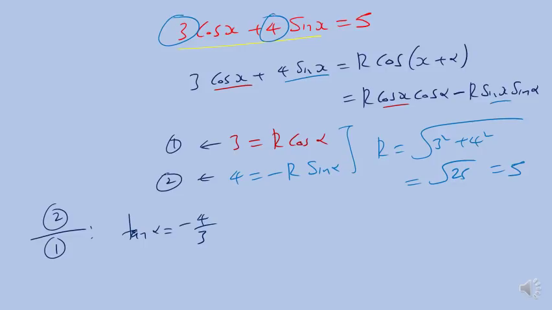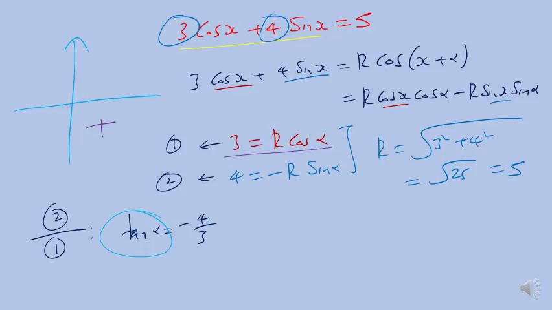Aha! But think about this carefully now, and this is very useful. We know tan alpha is negative in the second and the fourth quadrants, so we have to decide which one we're working with. You realize here that cos alpha is positive, and cos alpha is positive in the fourth quadrant.